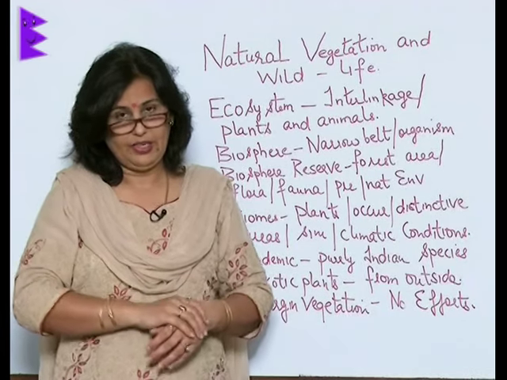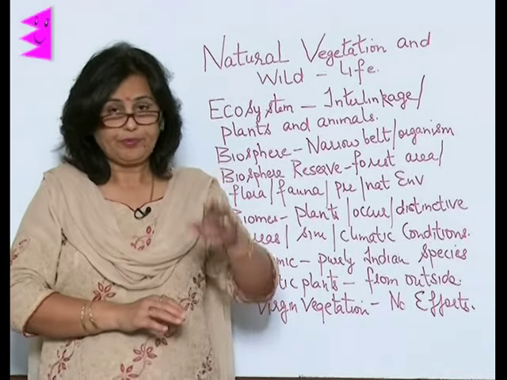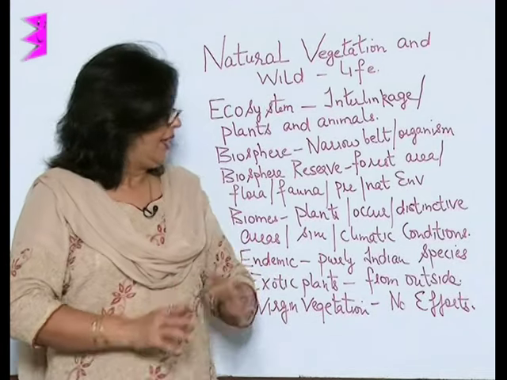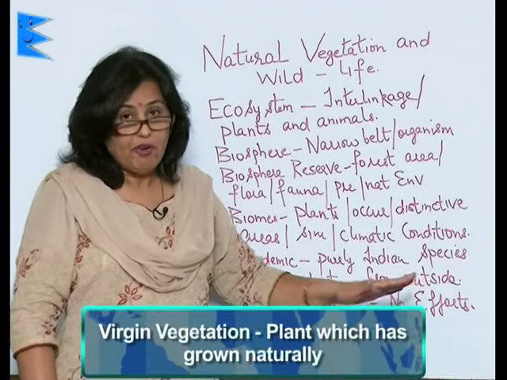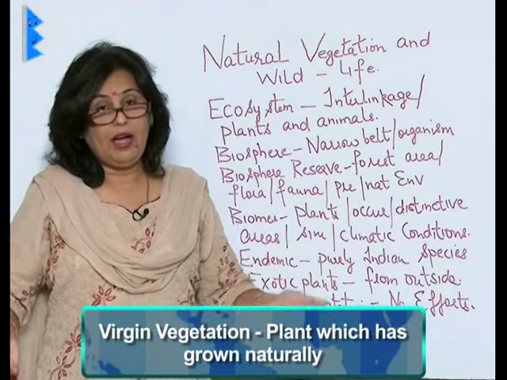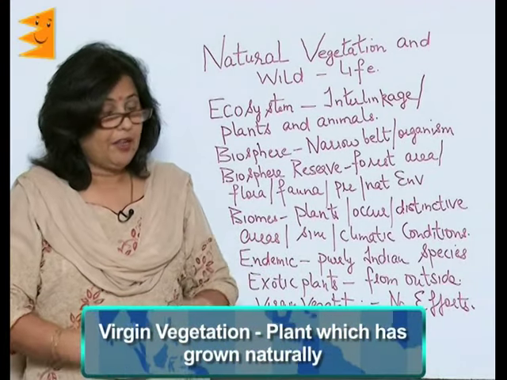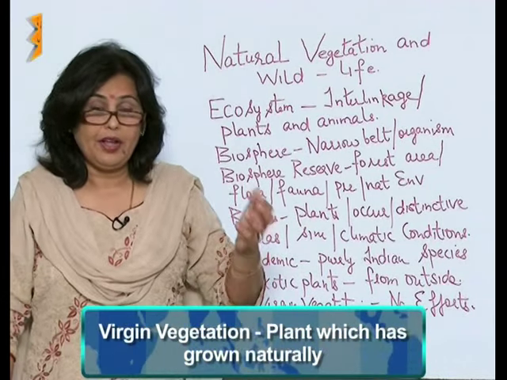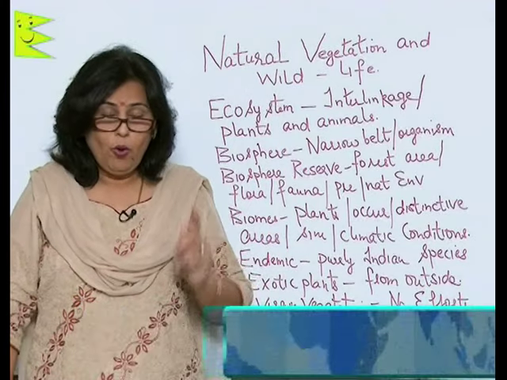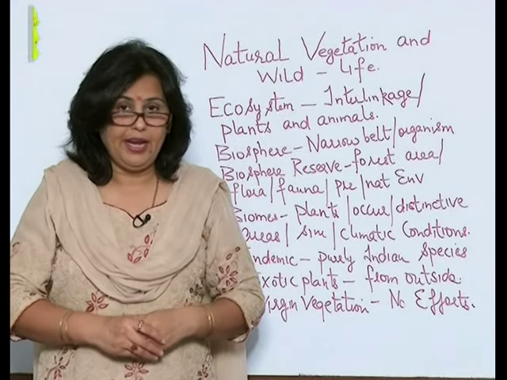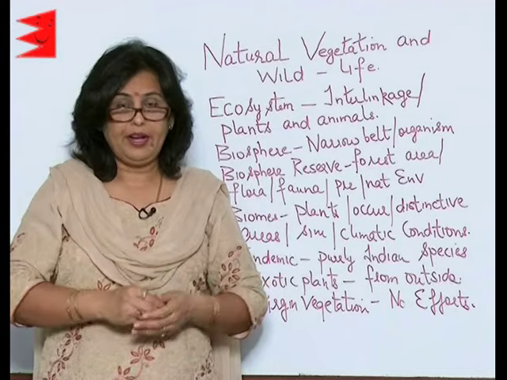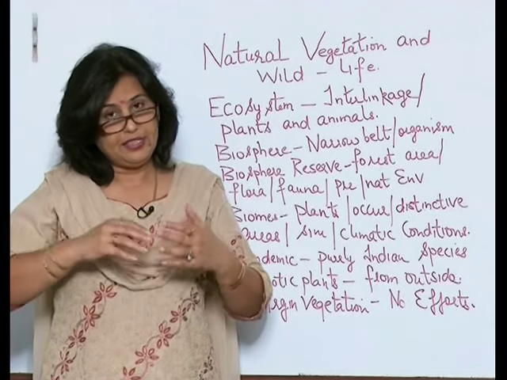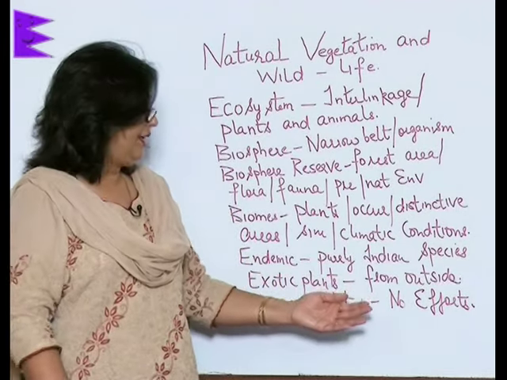Next is virgin vegetation. Virgin vegetation, as the name suggests, is in fact that forest or that plant, that tree wherein it has grown naturally. No human effort is made to grow it, preserve it, it is just there as it was.